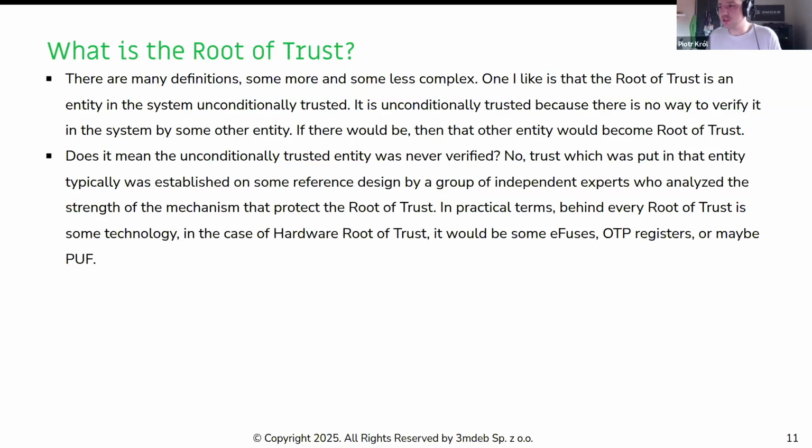That technology is typically relying on fuses or one-time programmable registers. Recently, physical unclonable functions are also used for that, or for helping in establishing this hardware root of trust.